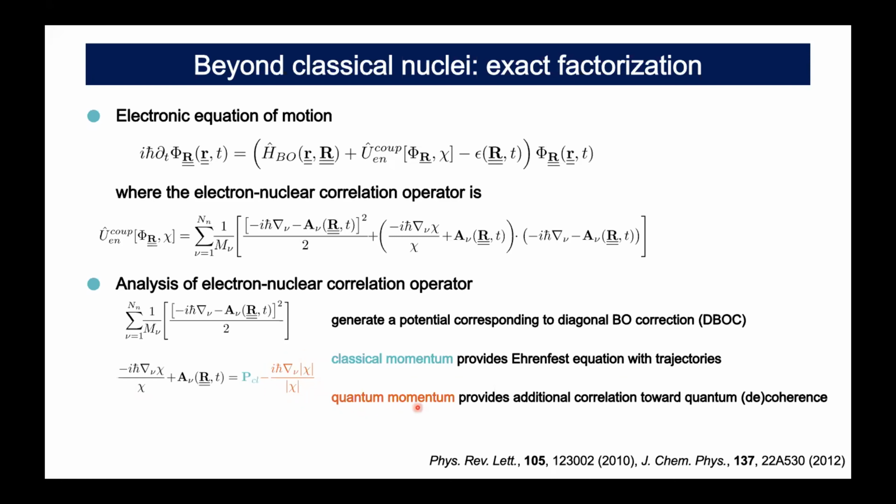Further analysis shows that the classical momentum provides the Ehrenfest equation with some classical trajectories, and the additional quantum momentum provides an additional correction toward the quantum coherence. So this is the crucial part of this exact factorization. The main property is that we can derive the exact term which provides the electron-nuclear correlation, and we will see later that this correlation term provides the correct quantum coherence phenomena.